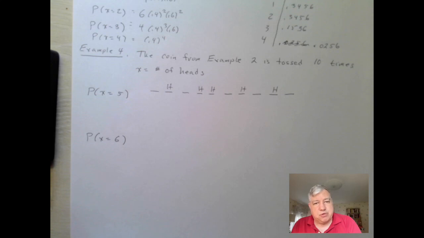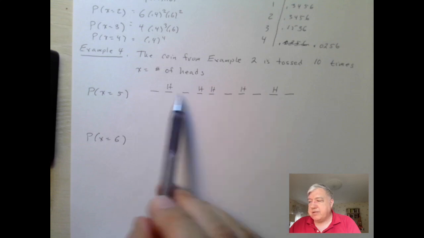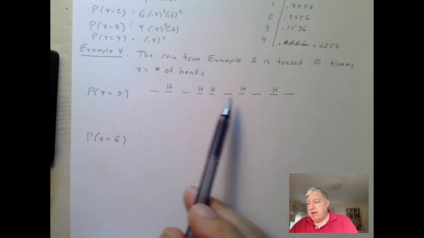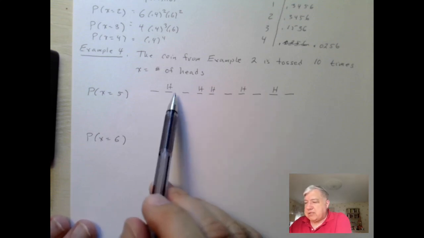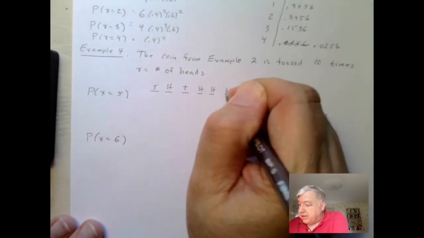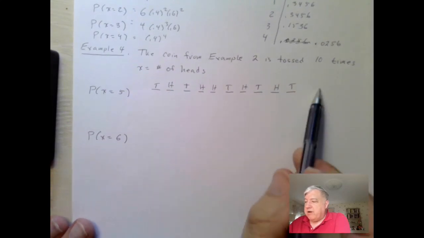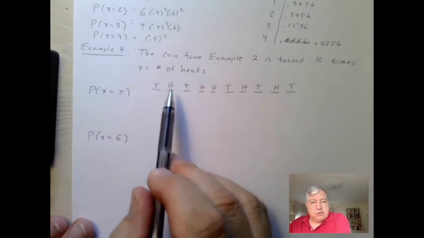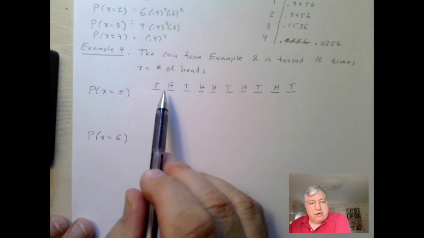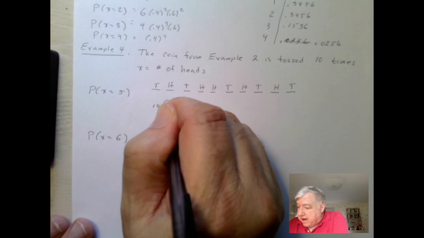The number of ways this can happen would be the number of ways you can choose 5 out of these 10. And because there are only 2 possible outcomes, heads or tails, we'll put the tails in automatically. So the number of ways we can have a sequence with exactly 5 heads would be 10 choose 5.